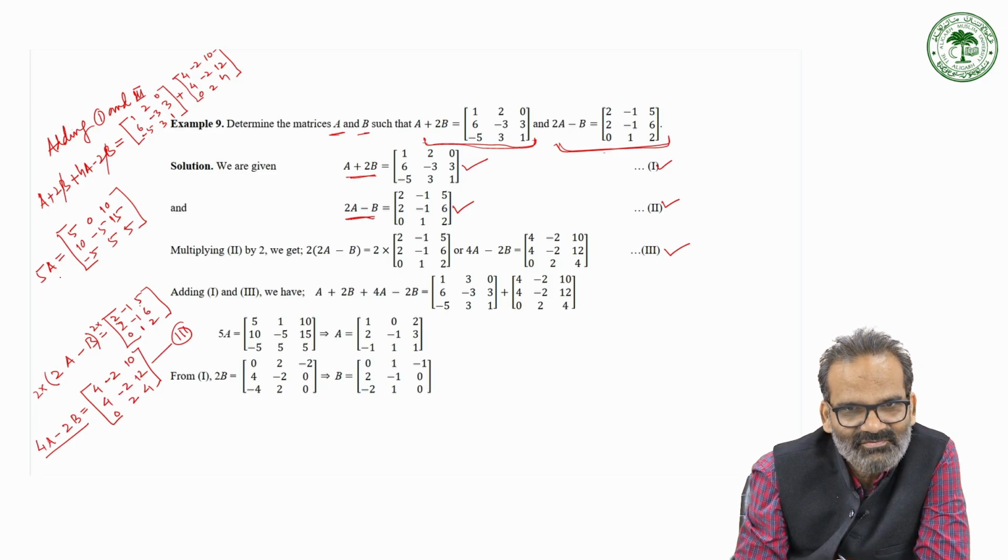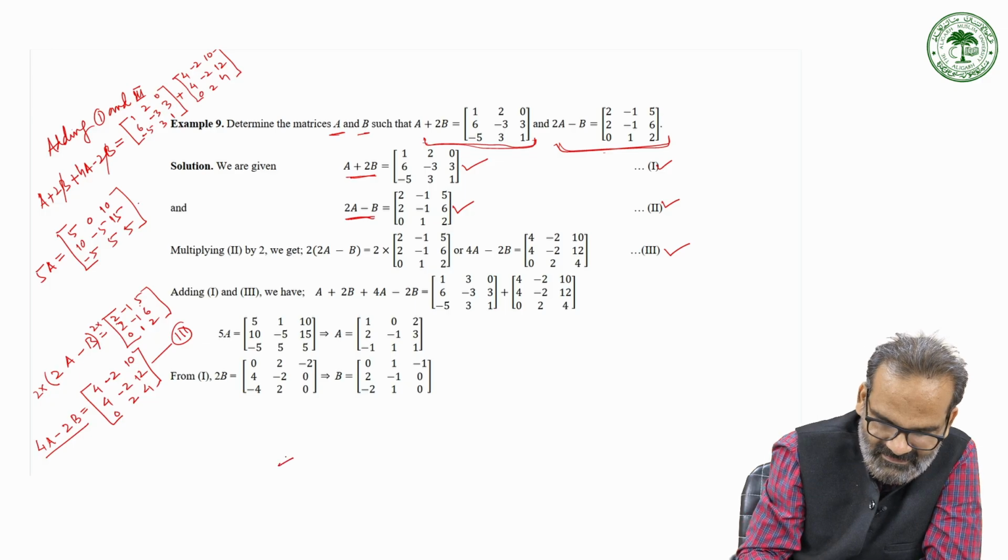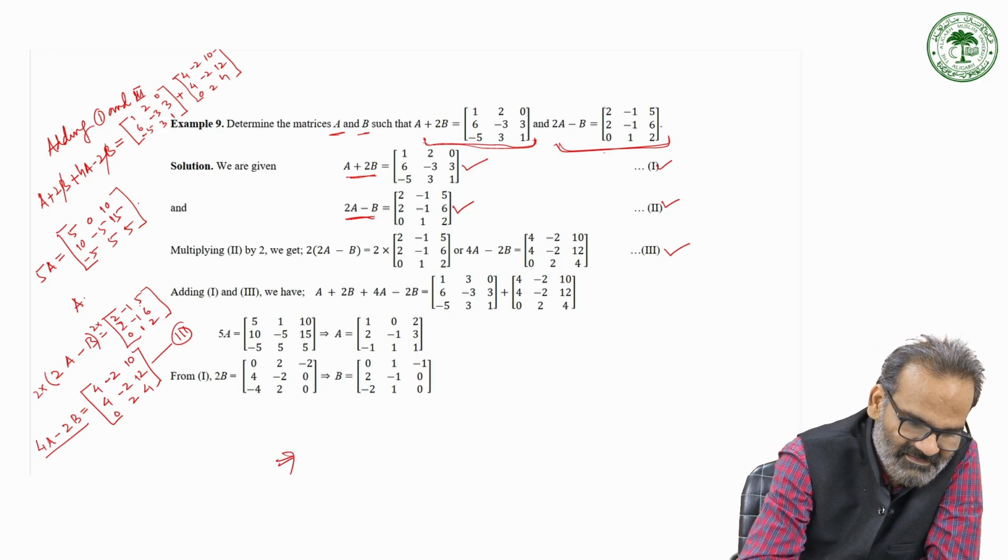So what is the value of A? This implies A is 1 upon 5 times this matrix: 5, 10, minus 5, 0, minus 5, 5, 10, 15 and 5.